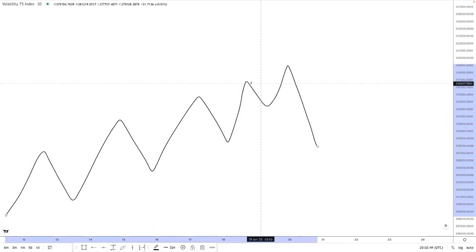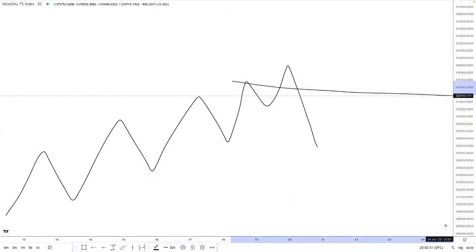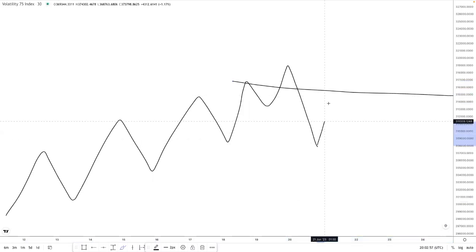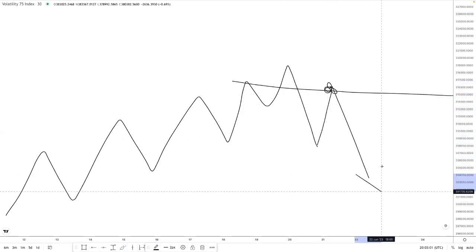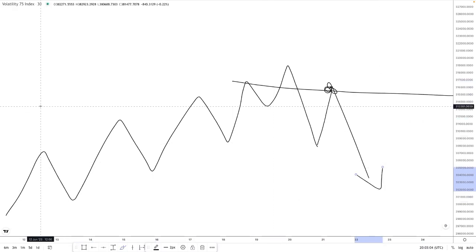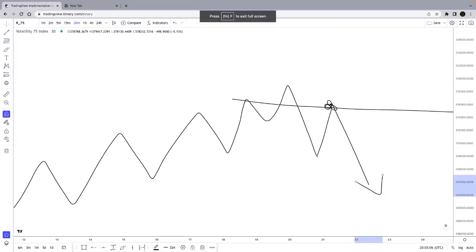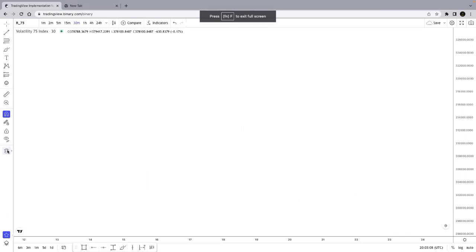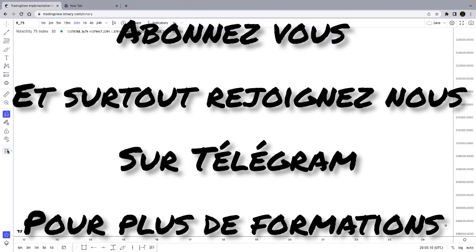When price breaks structure, we usually anticipate on our second last structure right here. So we will be expecting price to make some highs, respect our invalidation so that we can make some lows. Right now, we will go to the live market and check out some live examples of this structure.